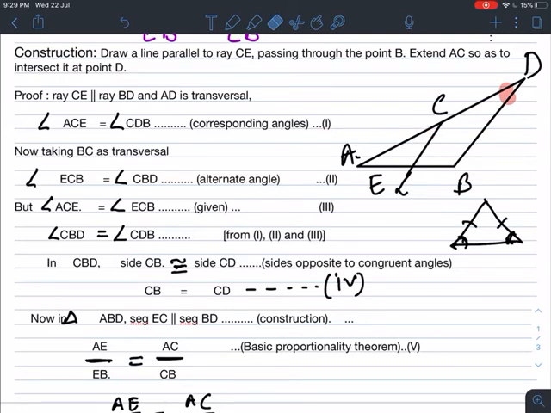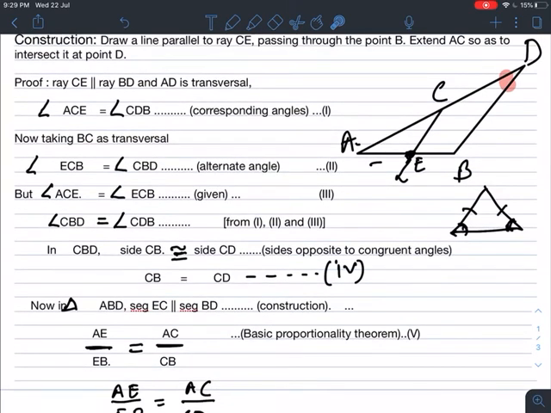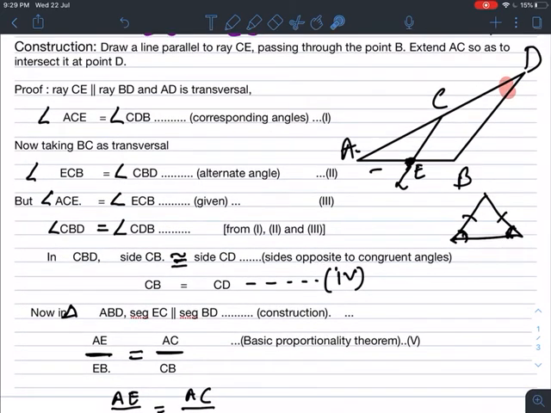So in triangle ABD, CE is parallel to BD, then by the basic proportionality theorem, this is the point E, so we can write AE upon EB is equal to AC upon CD. But we want CB instead of CD.